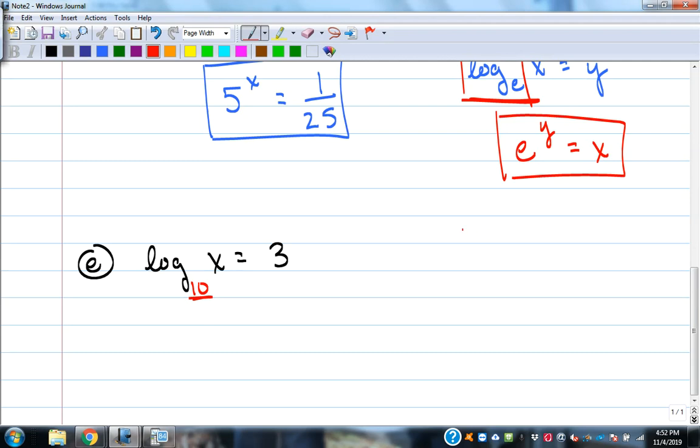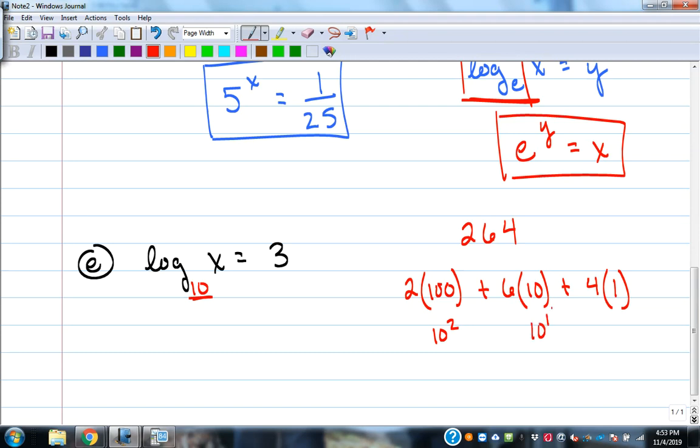If you think about the number 264, that's 2 100s, 6 10s, and 4 1s. In terms of base 10, 100 is 10 squared, isn't it? 10 is 10 to the first, and 1 would be 10 to the 0. So the number system that we live in is the base 10 number system.